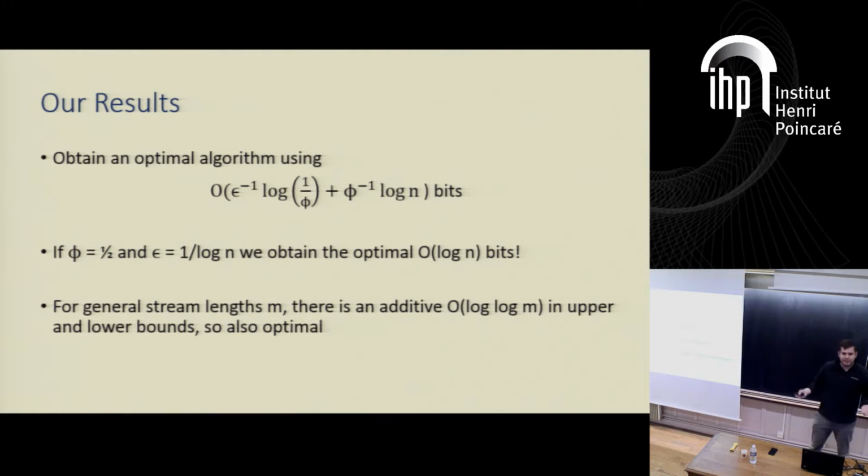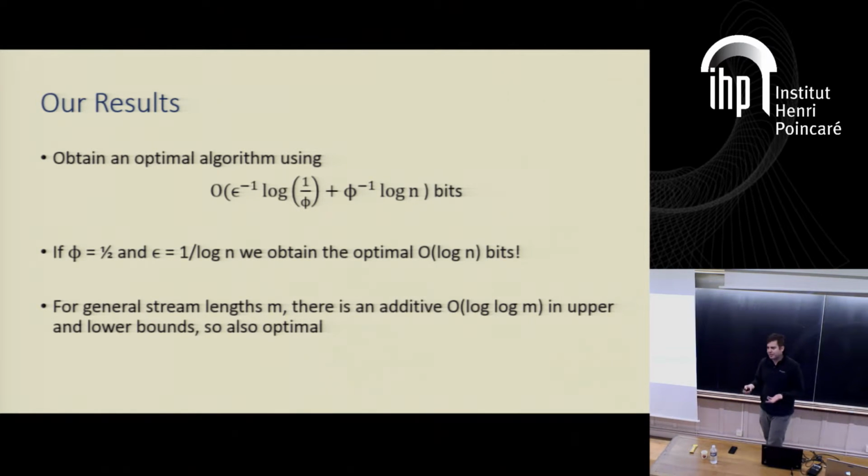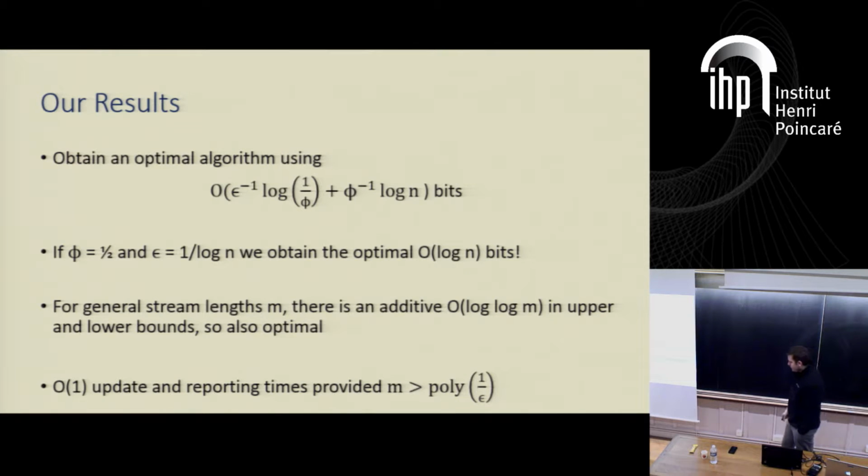For simplicity, I'm assuming the length of the stream m is polynomially related to n. For general stream lengths, there's an additive log m in both the upper and lower bounds, which is also optimal. And also the update time: when I see an update in the stream and I need to update my data structure, I can do that in constant time.